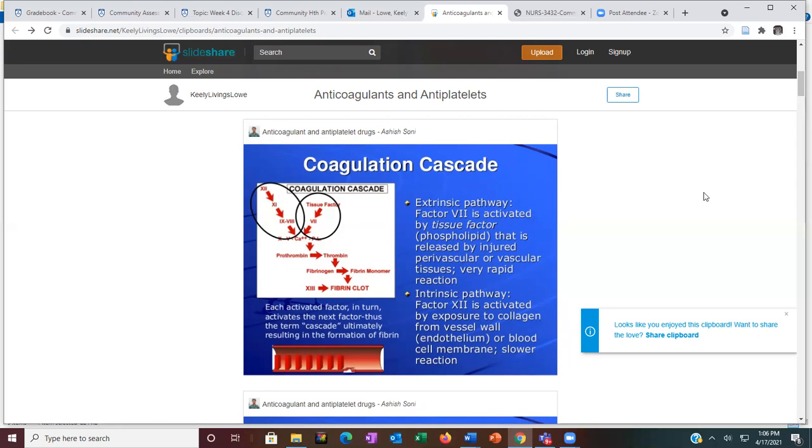So there are reversal agents if there is an emergency, but we don't worry about a reversal agent like we do for Coumadin for 10A if it's not life-threatening, because it stays in the therapeutic range much more closely. So the risk of it getting out of range due to other medications or foods or things like that doesn't occur as much with these 10A inhibitors.